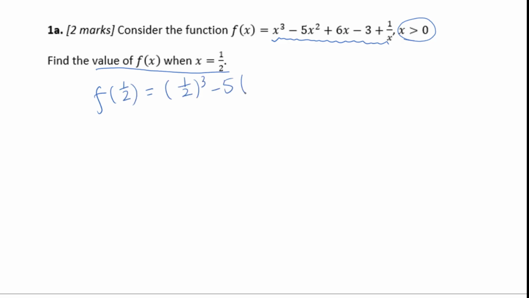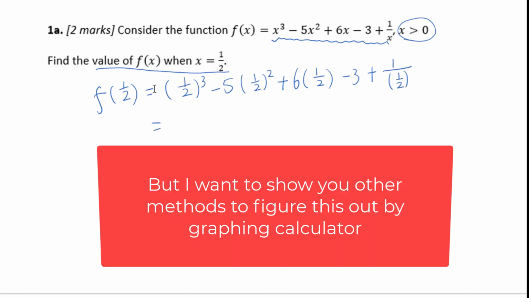Minus 5 times 1 over 2 squared plus 6 times 1 over 2 minus 3 plus 1 over 2. First method, just put the whole thing into the main screen of a graphing calculator.